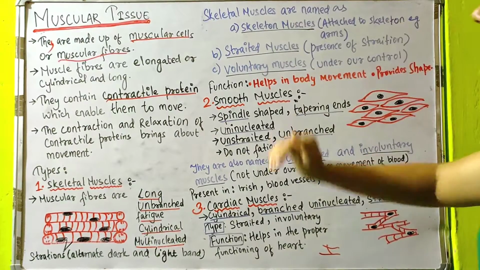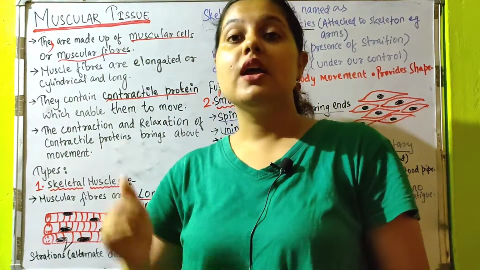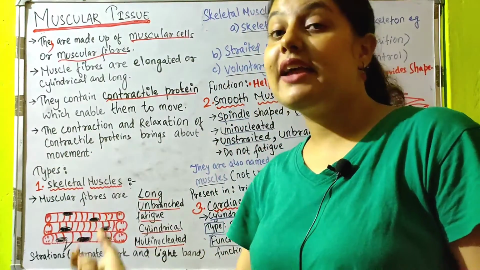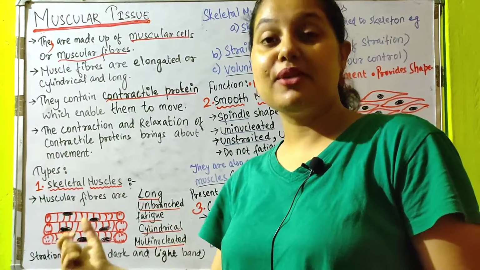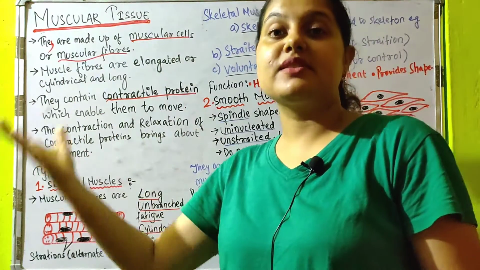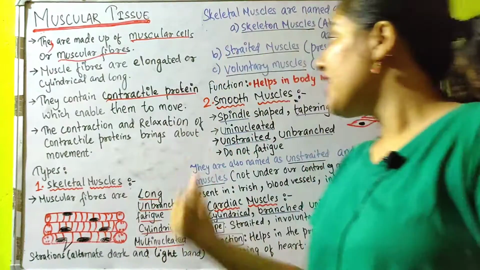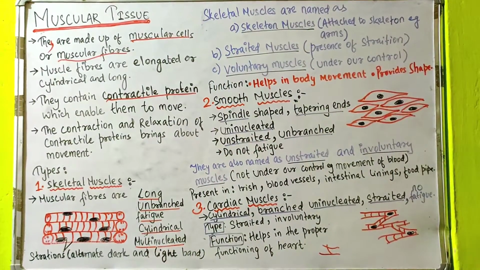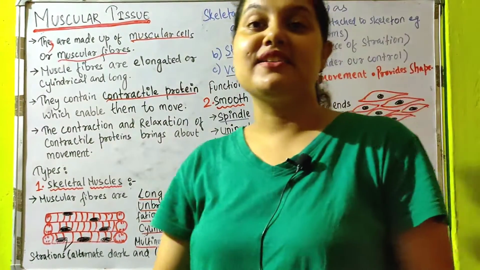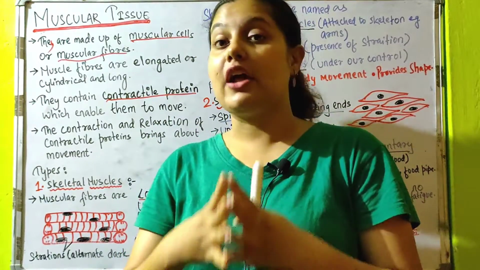Another name is striated muscles. Why are they known as striated muscles? Because they have alternate light and dark bands. Muscles having striations are known as striated muscles. Now coming to voluntary muscles, they have another name, voluntary muscles, because these muscles are under our control.